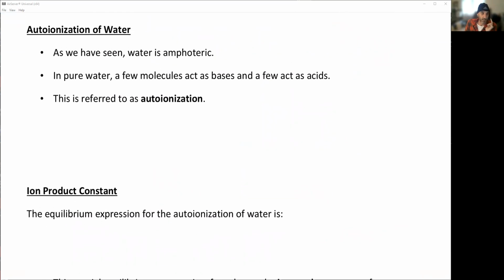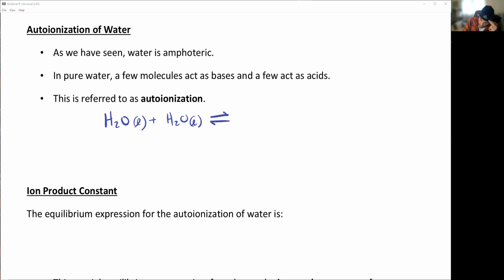So let's talk about the idea of the autoionization of water. Water molecules are neutral, but in pure water, one water molecule as a liquid can interact with another water molecule, and it creates this equilibrium where one acts as an acid and the other acts as a base.